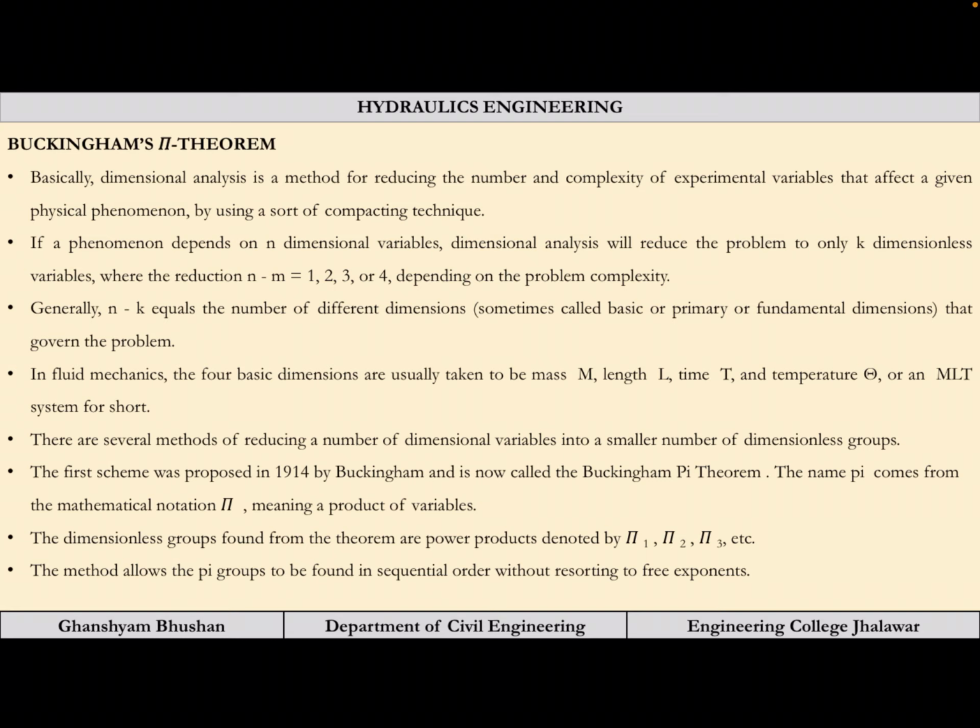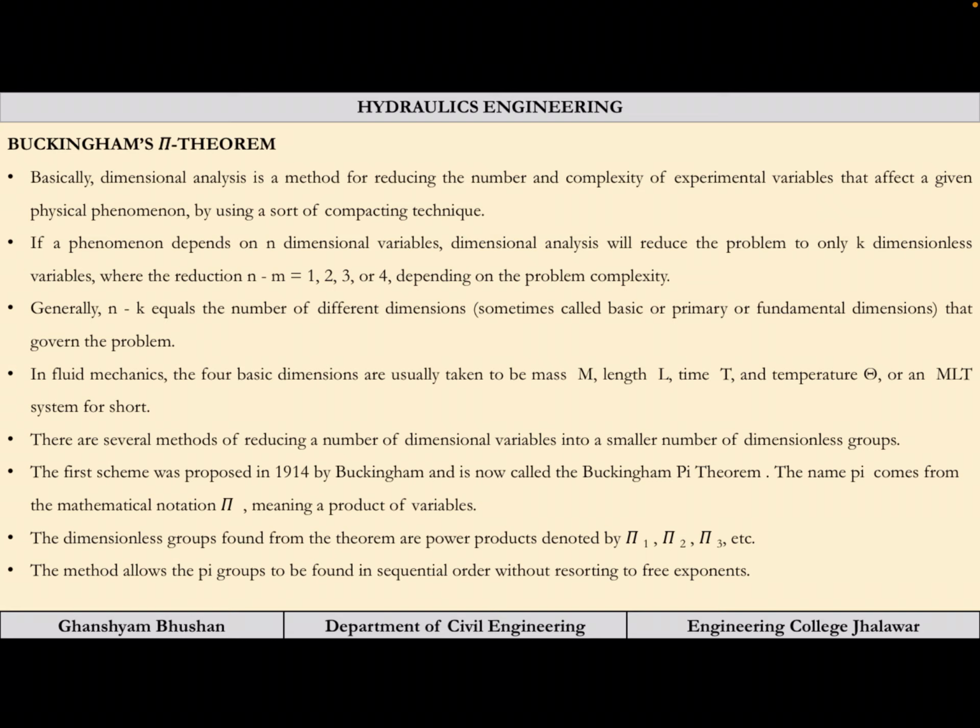Now, if a phenomenon depends on n dimensional variables, then dimensional analysis will reduce the problem to only k dimensionless variables, where the reduction, n minus k, can be 1, 2, 3, depending upon the complexity of the problem.